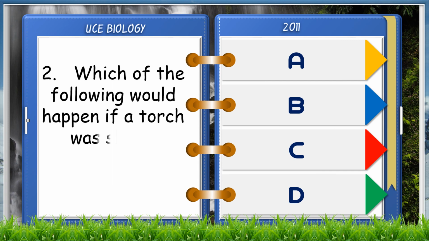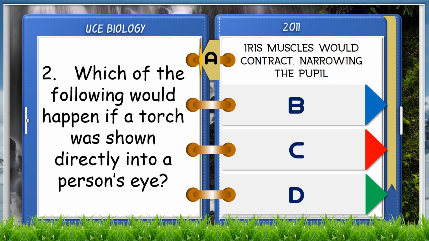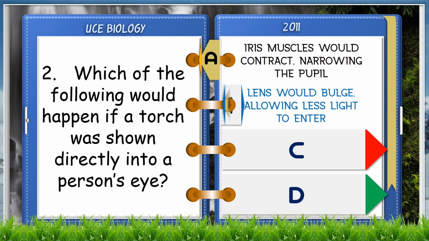Which of the following would happen if a torch was shone directly into the person's eyes? A. Eyelash muscle would contract, narrowing the pupil. B. Lens would bulge, allowing less light to enter.